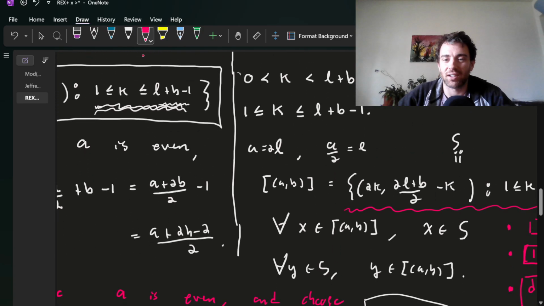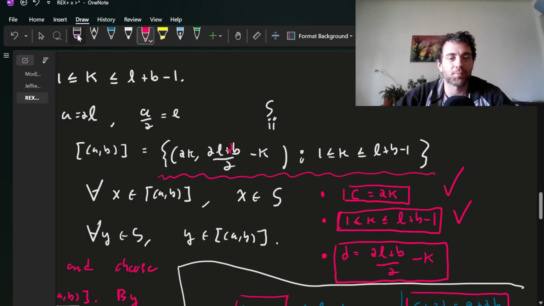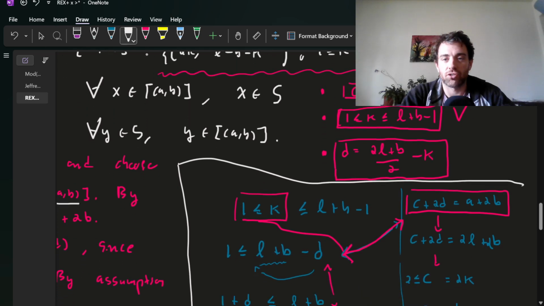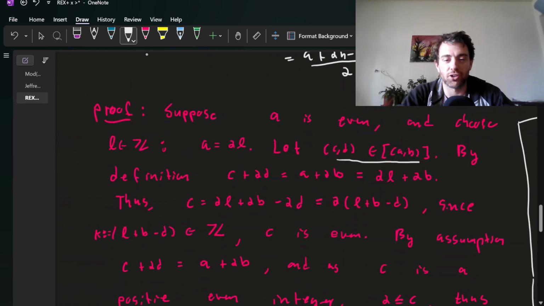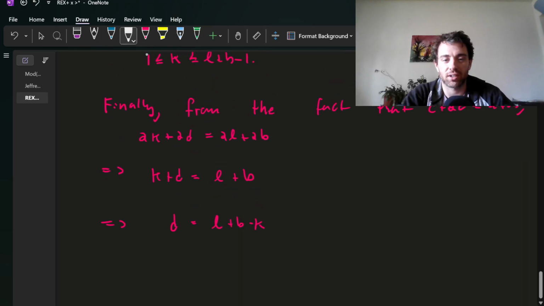Okay. That is why we have our rough work and our good work separately. So what we're actually trying to show here, that this is L plus B minus K. Yeah, fantastic. Okay, great. So we've shown the thing that we want to show. Fantastic.